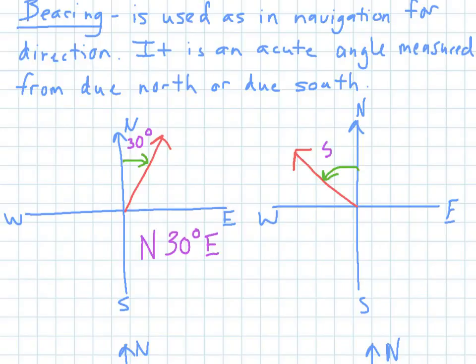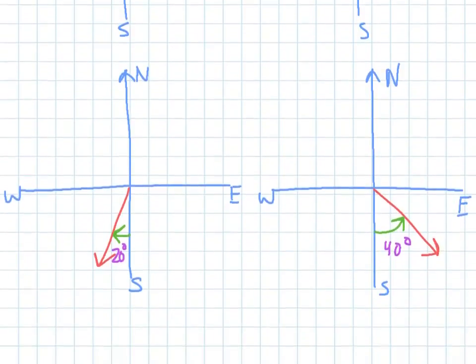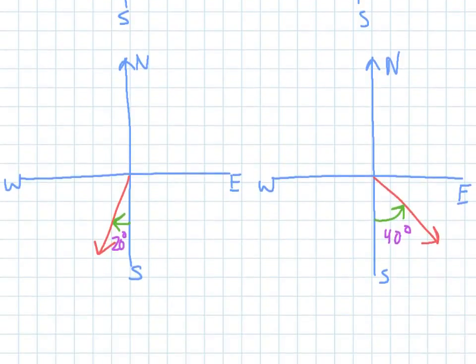If you look at the one on the left, let's say that you have 50 degrees there. You're still coming from north. So north, 50 degrees. And then you're going in the west direction from north, so you say north 50 degrees west. Okay? So if we look down here, bottom left, now your green arrow is coming from south.